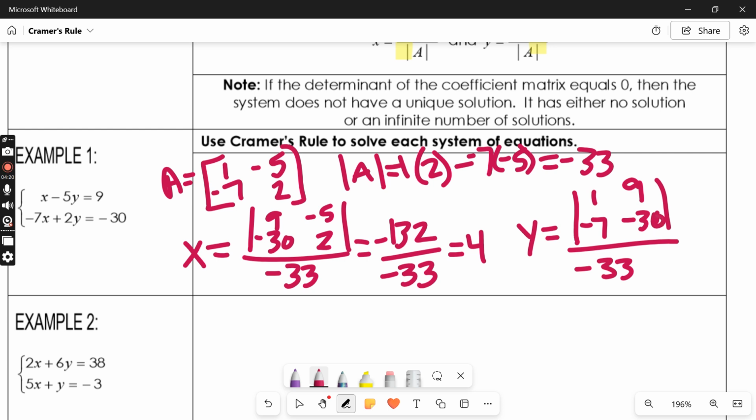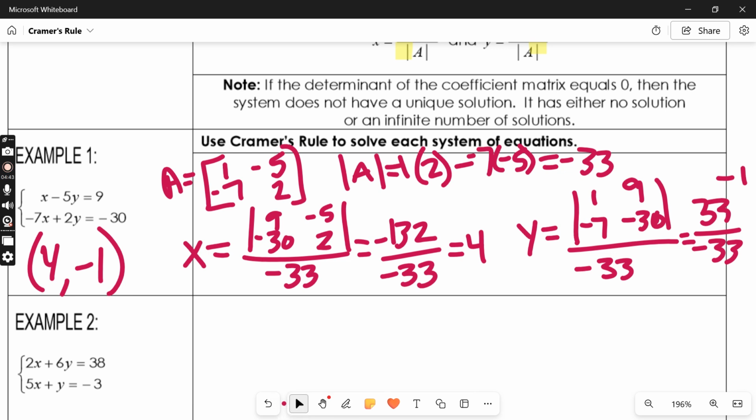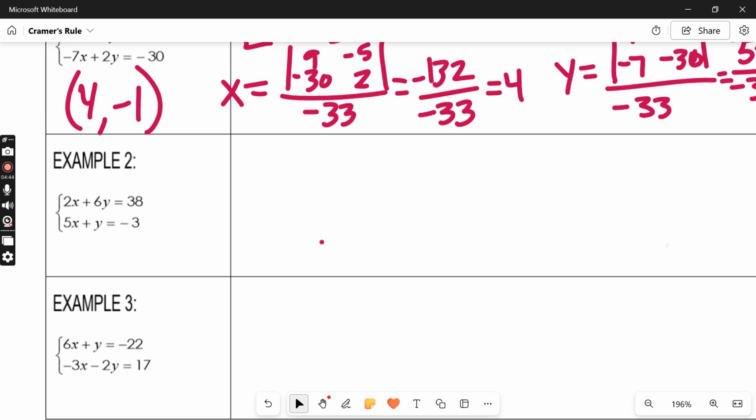When I find my determinant here, I get 33 divided by negative 33, which is negative 1. So my answer for this, I'm going to write it right here, is 4, negative 1. Okay, we'll do another one.